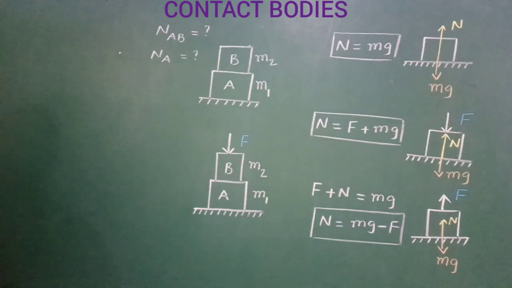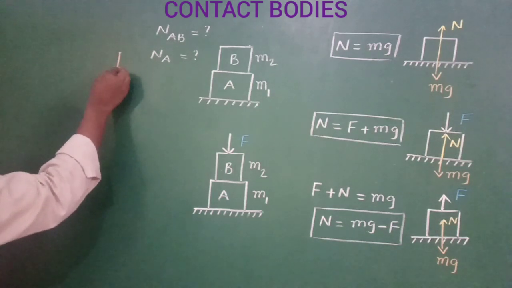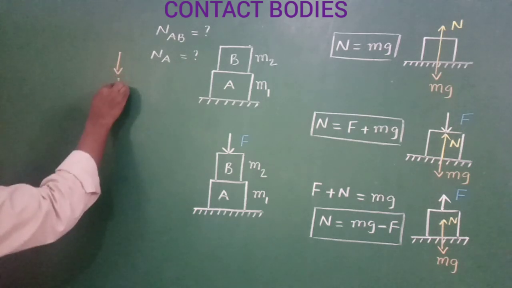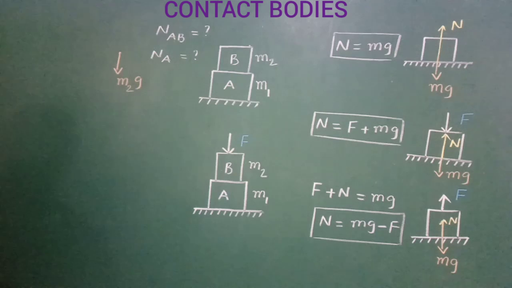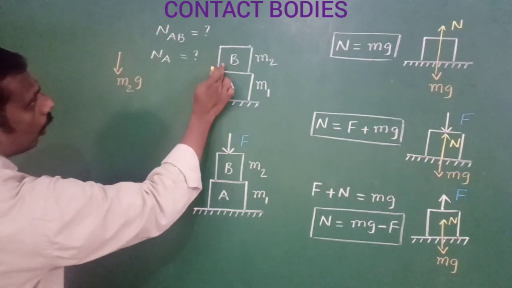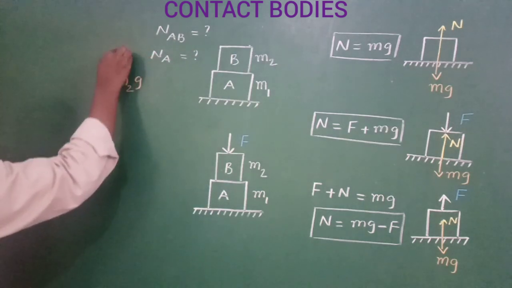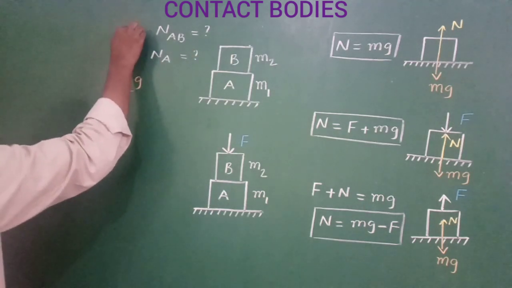On this block B, two forces are acting. One is its weight acting in downward direction, m2 into g, and normal reaction exerted by the block A on block B in upward direction. So this is the normal reaction direction NAB.